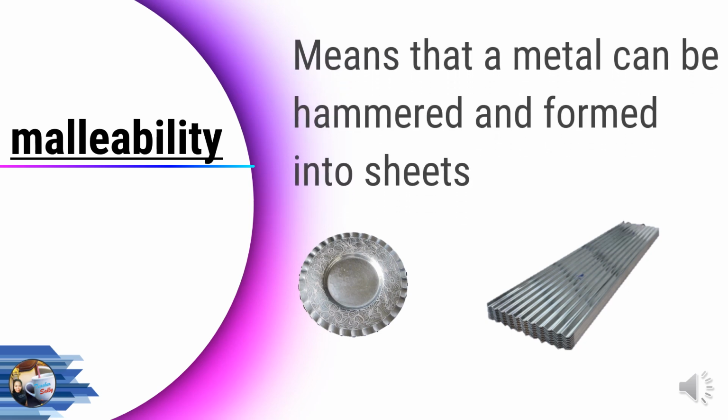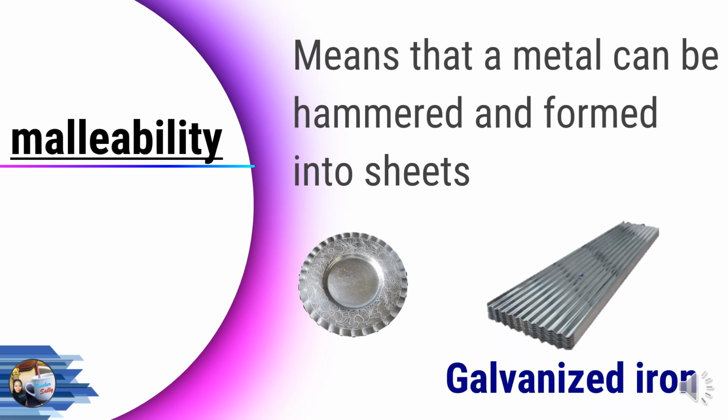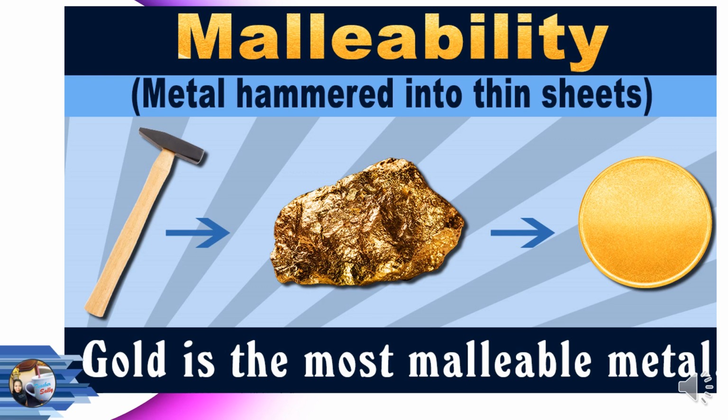Means that a metal can be hammered and formed into sheets which can be used for a variety of different purposes. Examples we have here the plate that is made of metal, and we have also the galvanized iron. Speaking of malleability, metal hammered into thin sheets, gold is the most malleable metal.